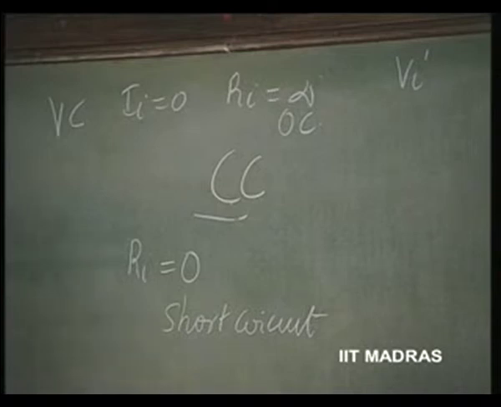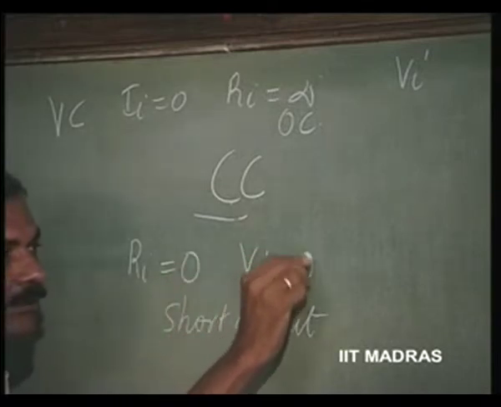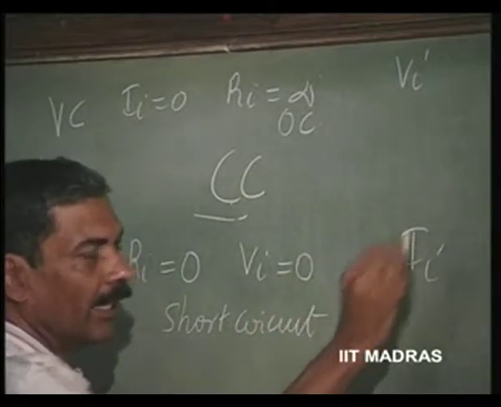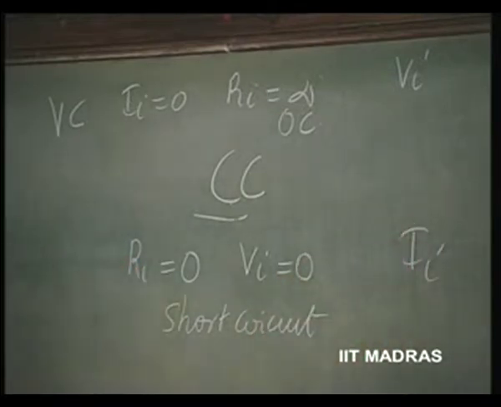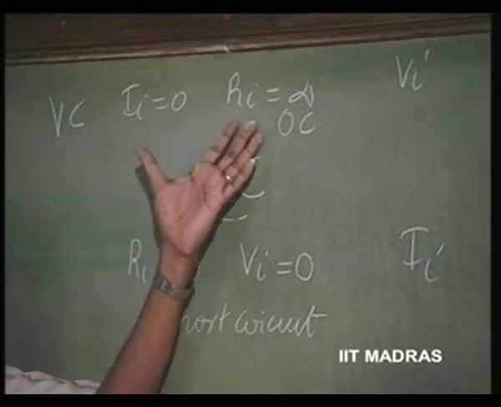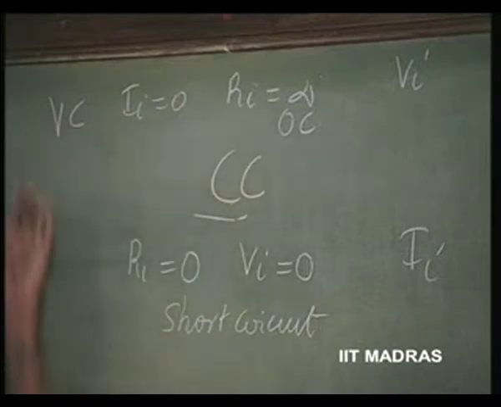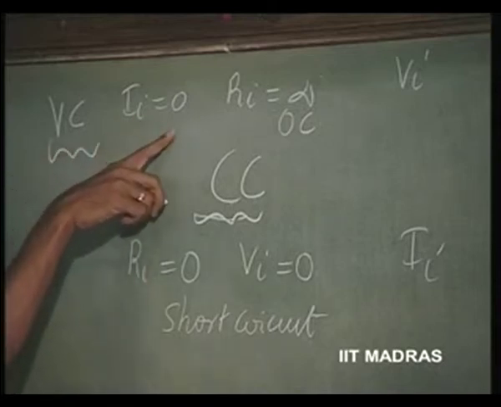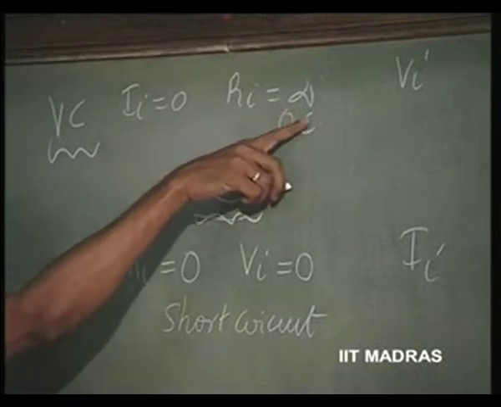That means Vi is 0, and it is controlled by II. Is the distinction understood? In the case of a voltage control block, II was 0, for which to happen Ri had to be infinity.